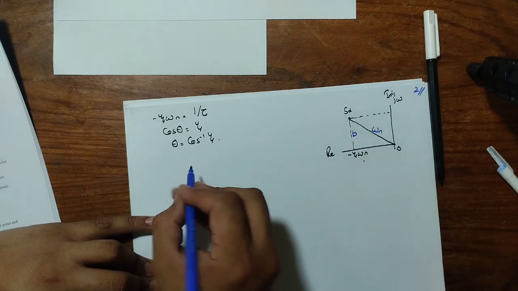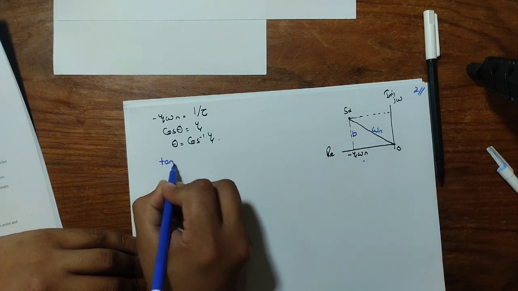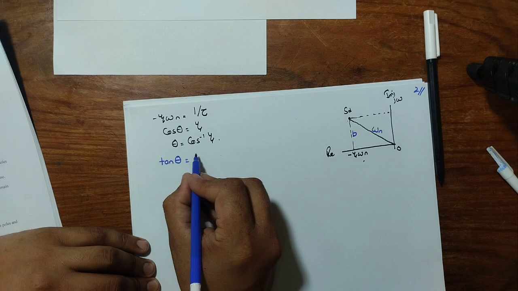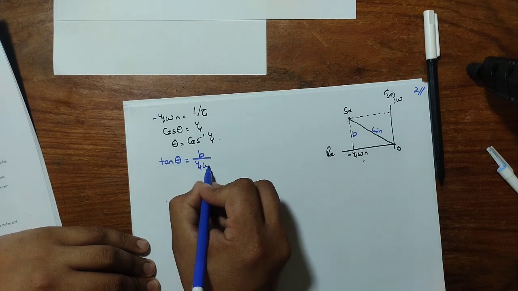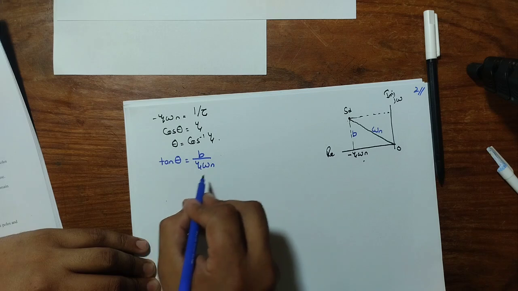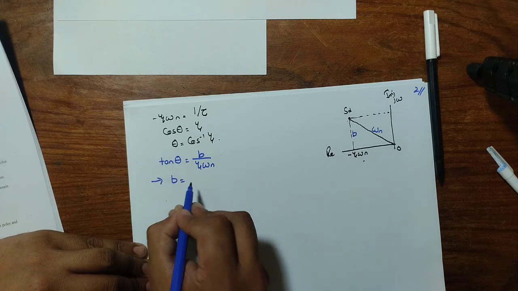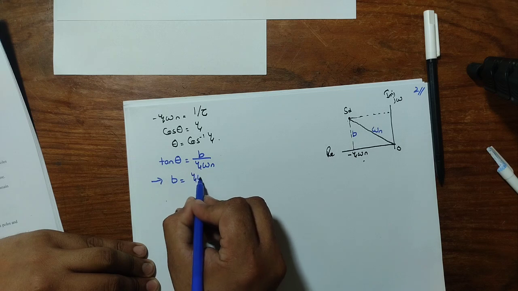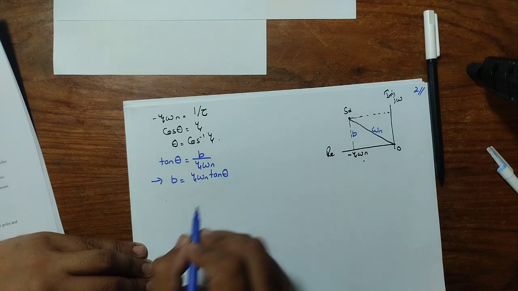Based upon this trigonometry, tan theta is equal to B by zeta omega n, or we can say that B is equal to zeta omega n into tan of theta.